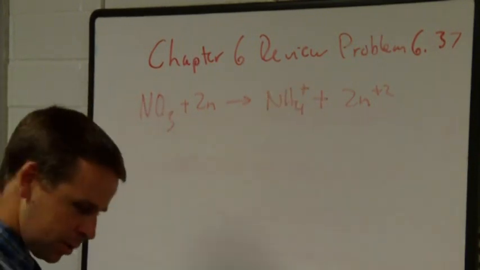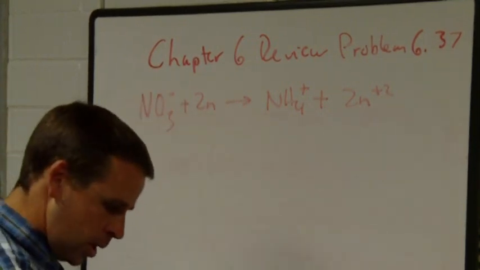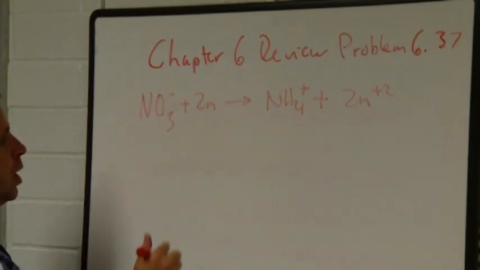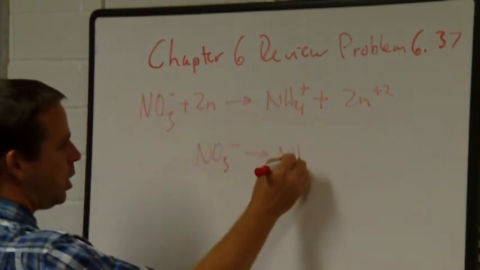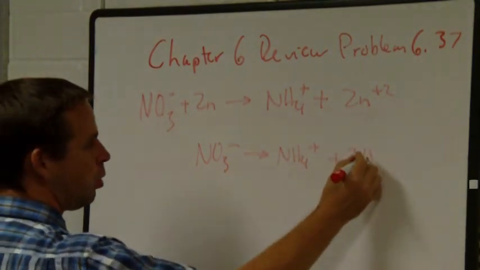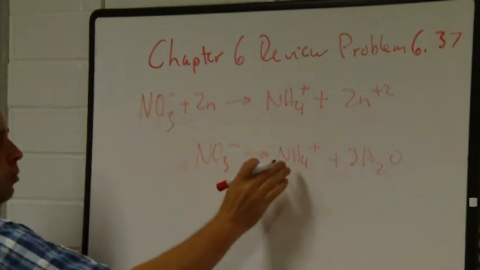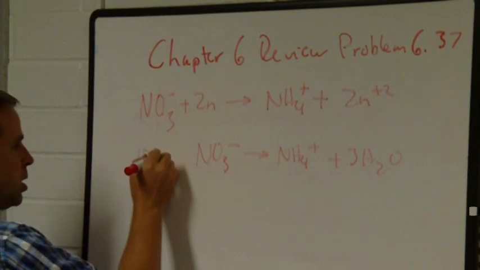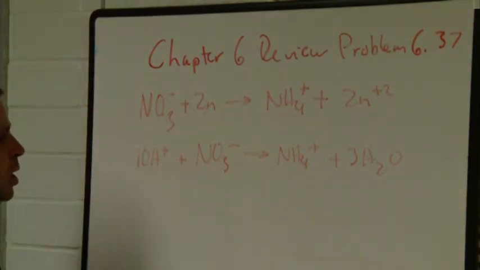Again, very important to watch those charges. NO3 has a minus. Okay, NO3 minus going to NH4 plus. This needs 3 waters over here to get the 3 oxygens. This needs 4 plus 6, 10 H pluses to get the correct number of protons.